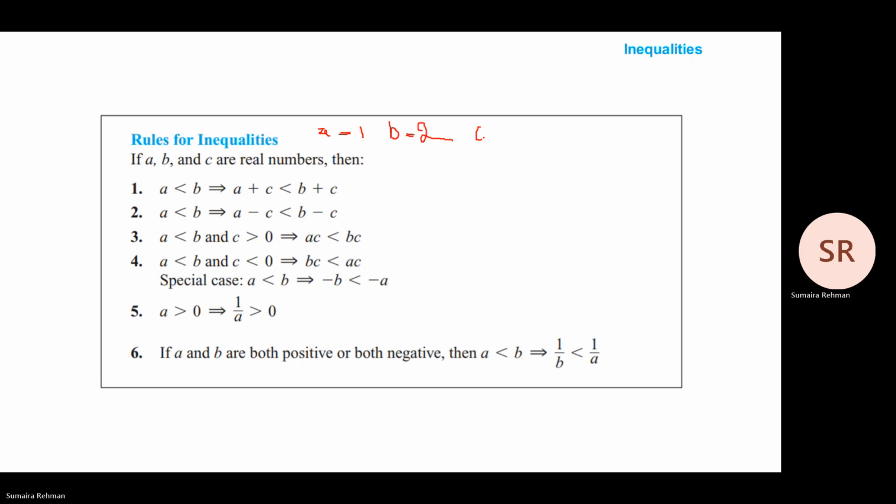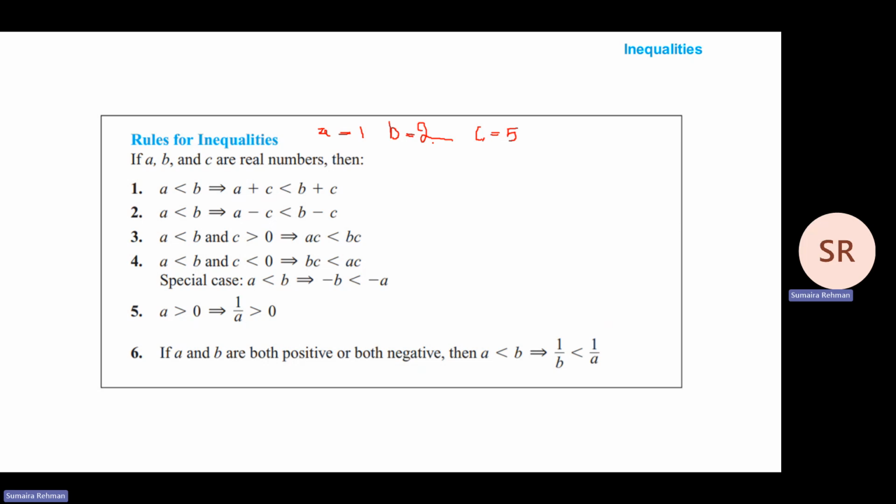We are taking all these as arbitrary numbers. You can consider any number from the number line or the real numbers. Just for instance, we are taking that A is 1, B is 2, and C is 5.